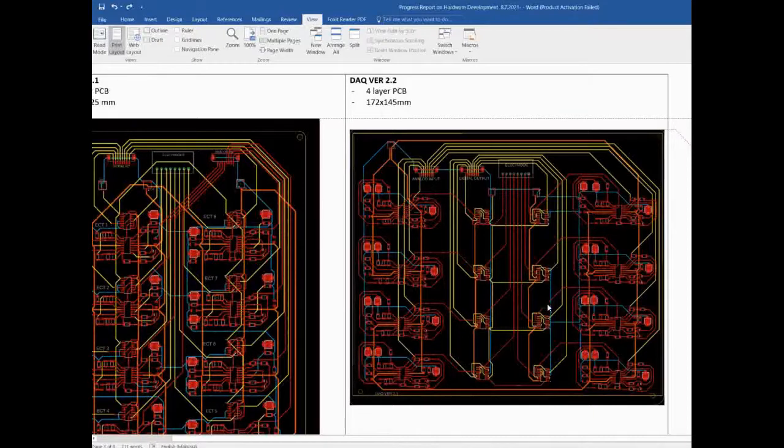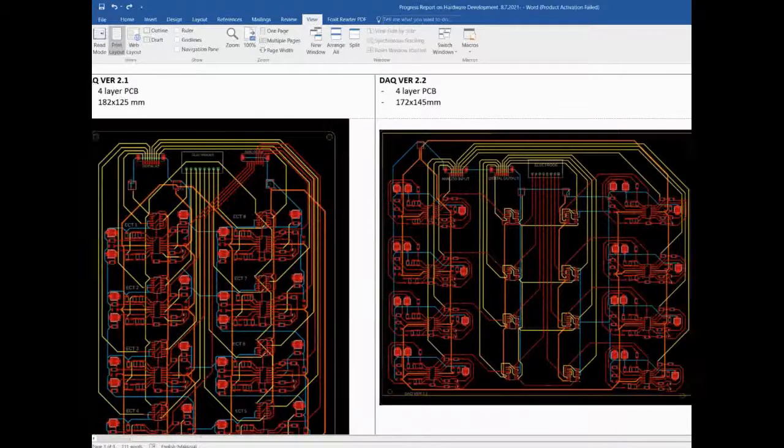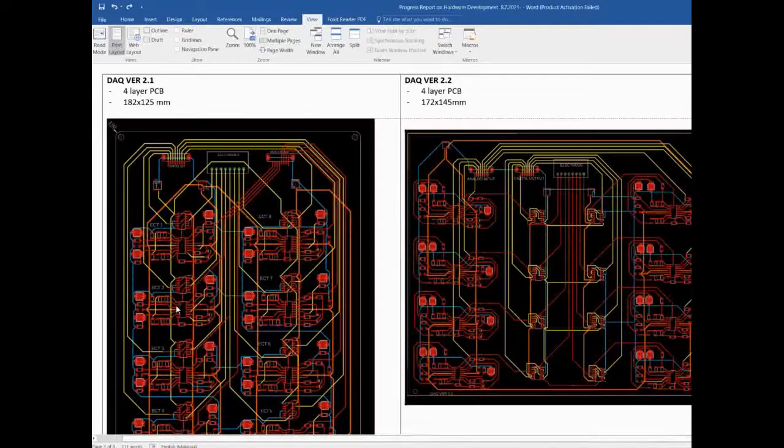I did that, but I haven't separated the analog and digital circuits yet. This is still mixed, because it's ongoing learning: I learn something and then I apply it directly, and then I discover new knowledge, and then I do the rerouting again. That's why there are many versions of my design.